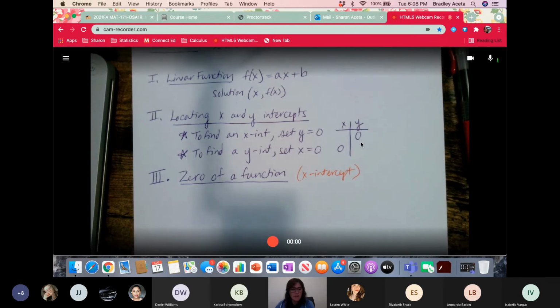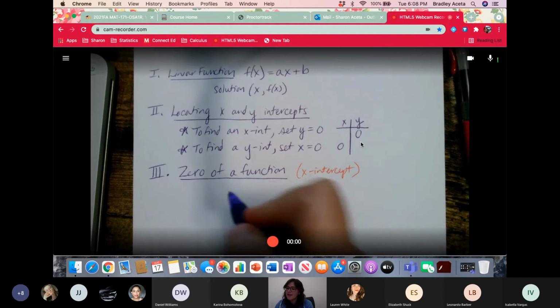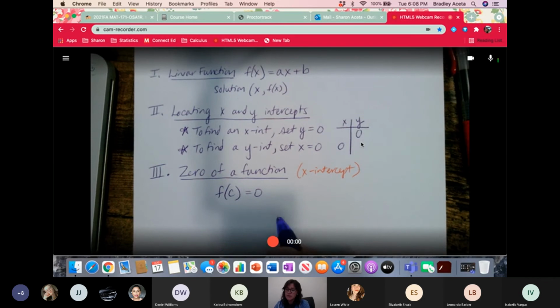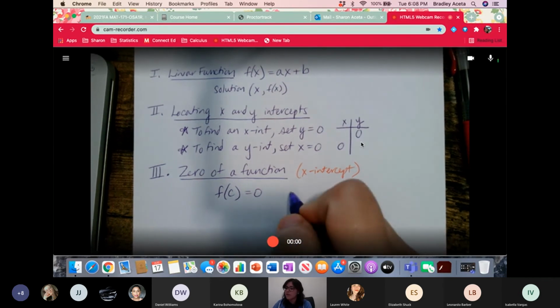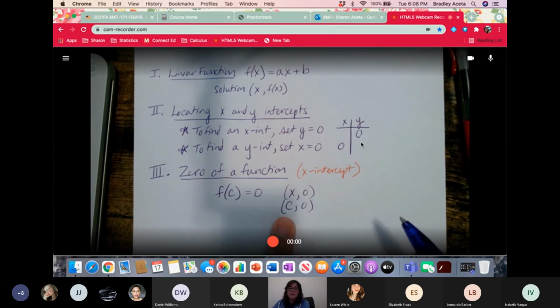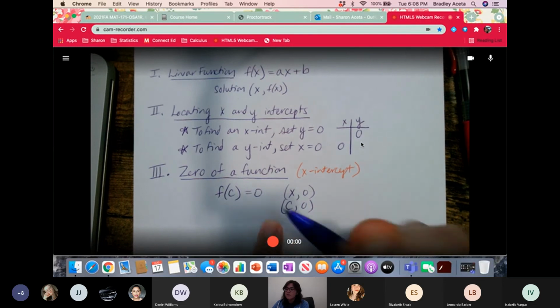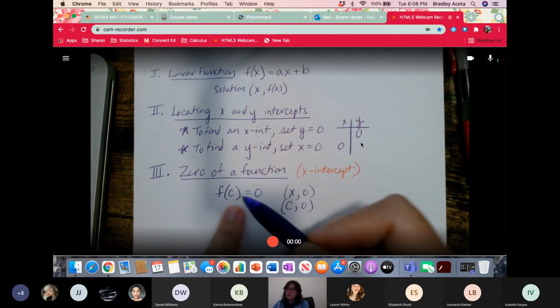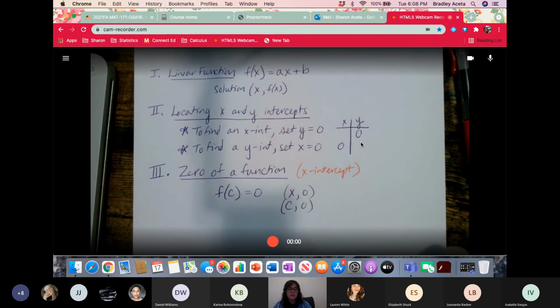I teach the math. I didn't make up the math. But really, when you set your function equal to 0, your y equal to 0, and you find out what that c value is, you're finding x comma 0, or in this case, c comma 0. You're finding the x-intercept. So you set the function equal to 0 and solve for x or solve for c or whatever. So that's called the 0 of the function.